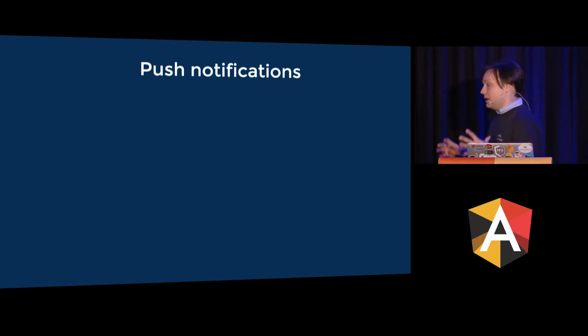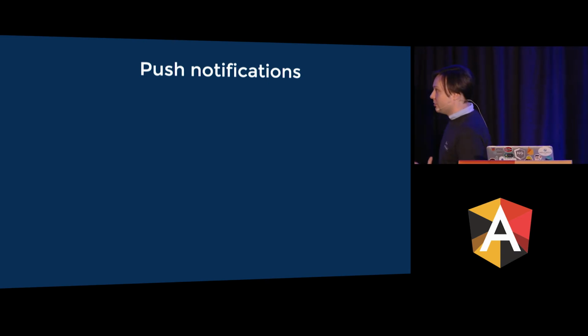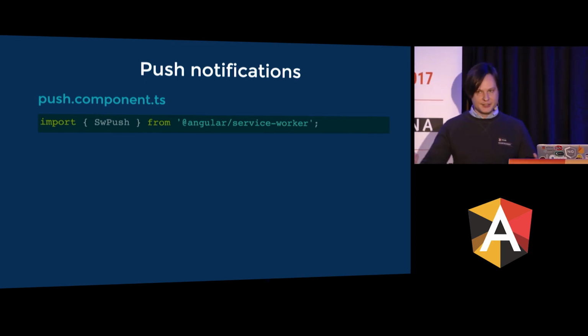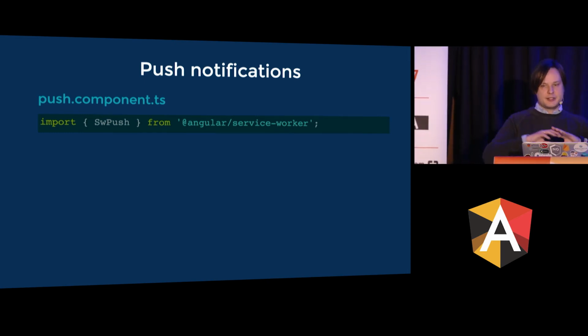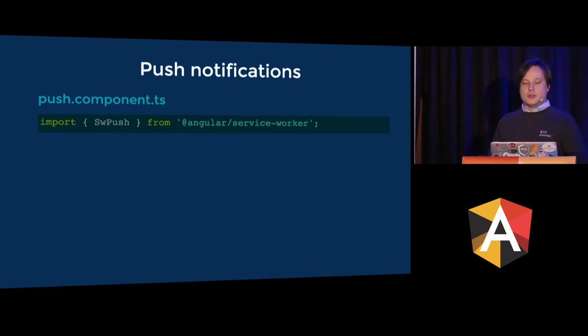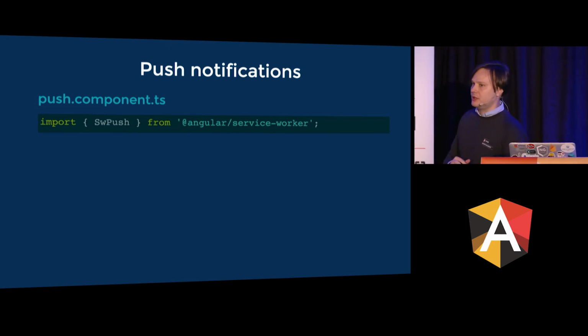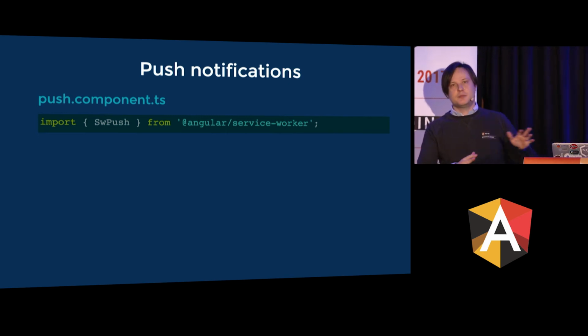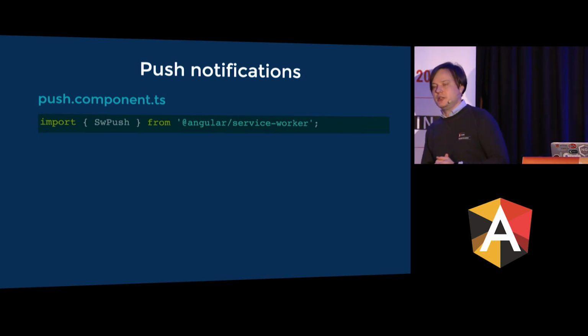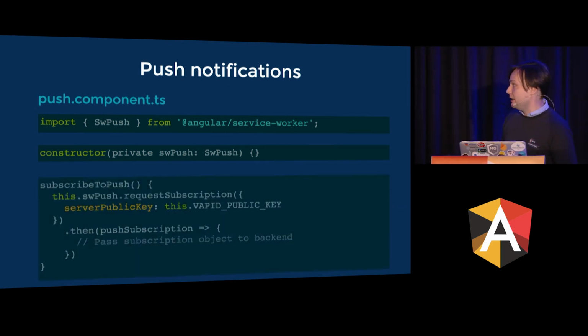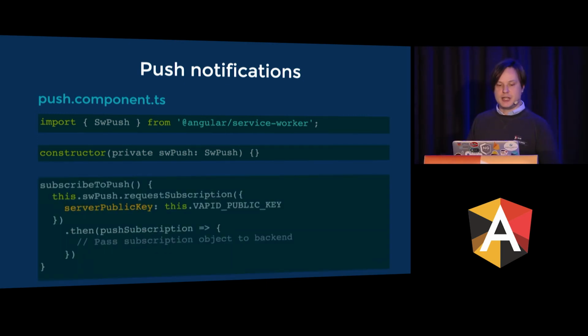So first, push notifications is about two flows: subscribing to these notifications and sending these notifications. These two flows are separated in time. So to subscribe, we could use the native navigator object methods, or we can go the Angular way and import the SwPush class from service worker, injected.